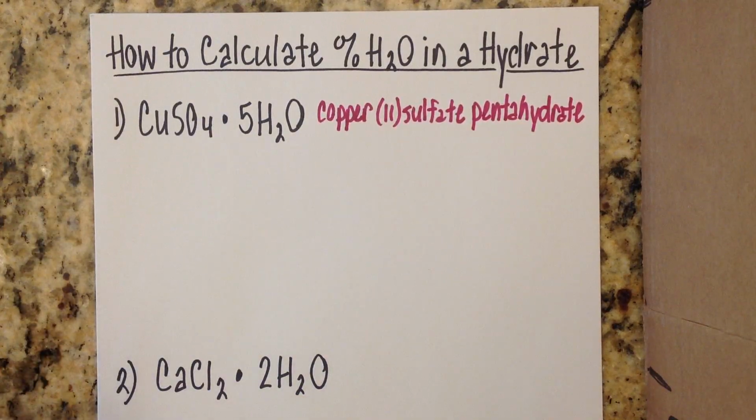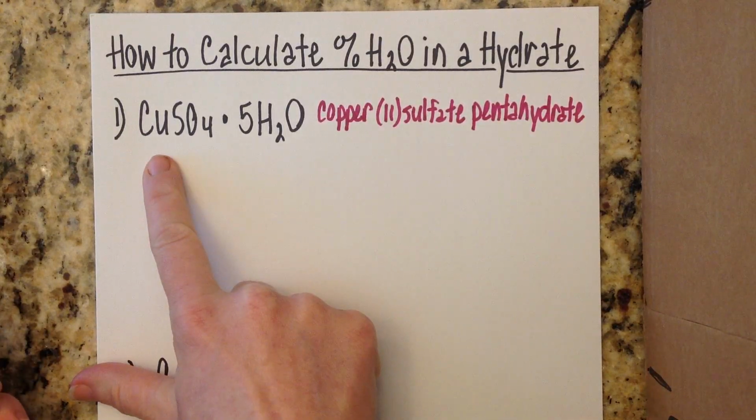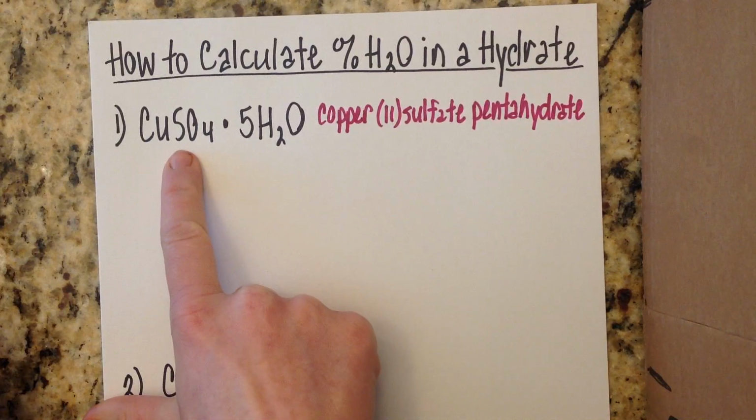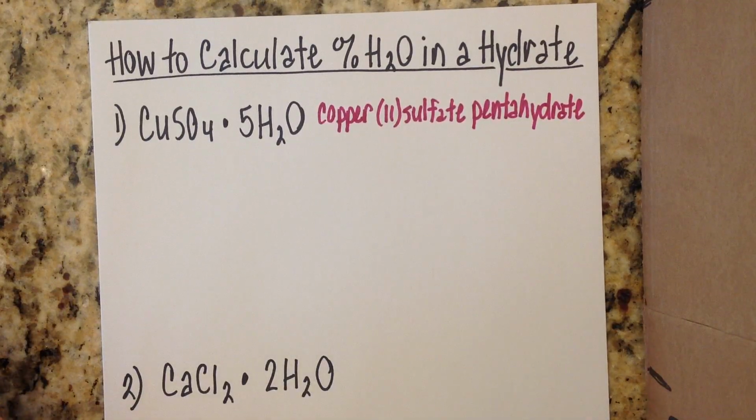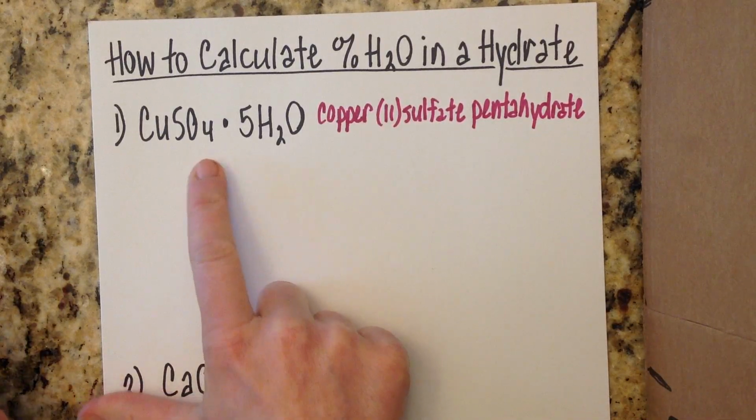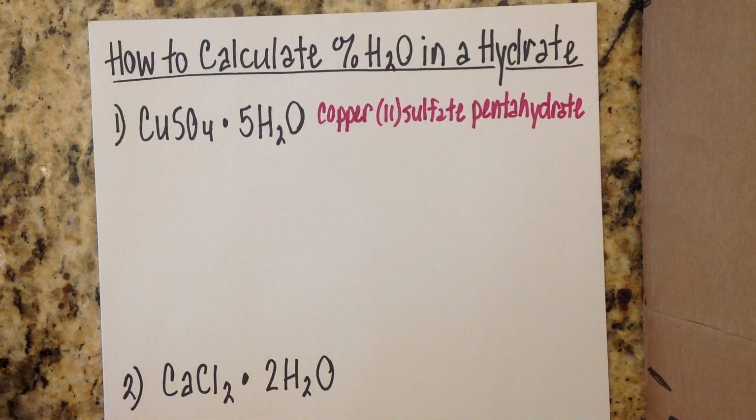You've already had the lesson on molar mass. If you have to write all this down as scratch work at the side, that's fine. I'm not going to do that today, but I'm going to walk you through it. So I've got 1 copper, and the mass of copper is 63.55, plus 1 sulfur, 32.07, plus 4 oxygens, which is a total of 64. 16 times 4 is 64.